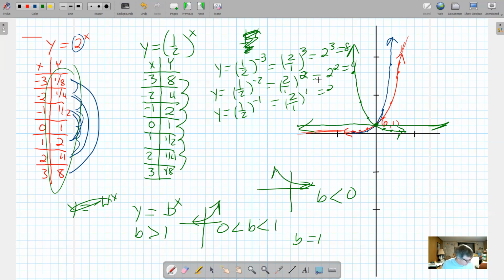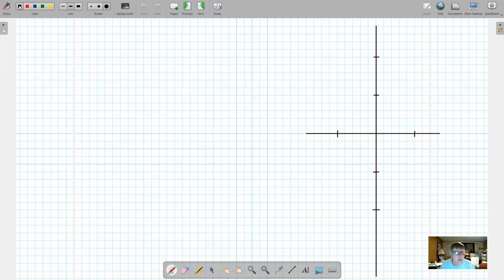Okay, let's go to the next page. Let's do y equals 2 to the x again.